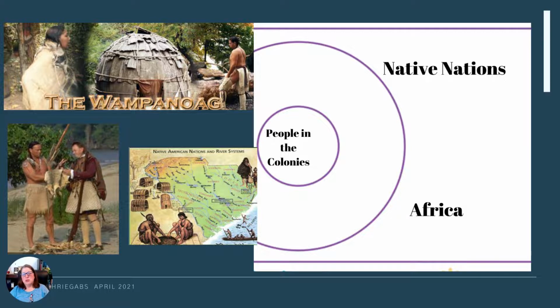The Spanish, because they were taking the people as part of the land, they really almost kill off the Native Americans in the area of New Spain because of disease and slavery. Native Americans in the British colonies, we're going to talk about next week, and I'll get into a little bit more on that. And of course, now in all of the colonies, you will find enslaved people from Africa.